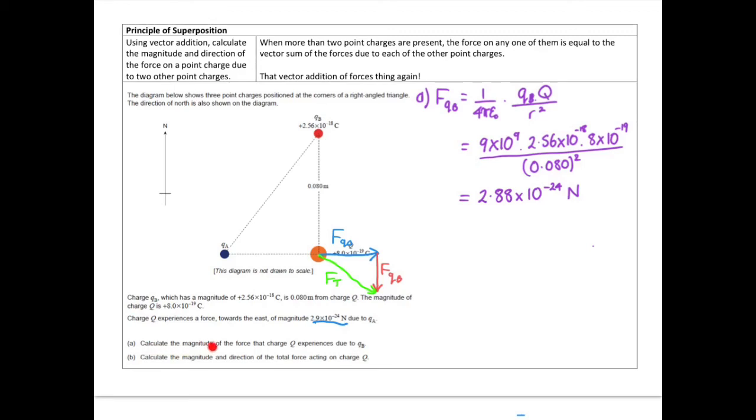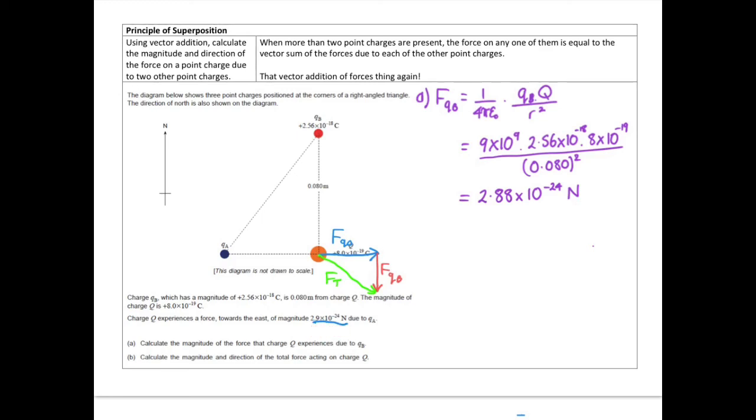So part A, calculate the magnitude of the force that charge Q experiences due to QB. We use our Coulomb's law, we're working out the force due to QB. So we're between QB and Q, we plug all those numbers from the question in, and we get 2.88 times 10 to the minus 24 newtons, which if we went to two significant figures, which we probably should because we only get two significant figures for some of our charges and distance, is actually the same magnitude of the force that we had due to QA.